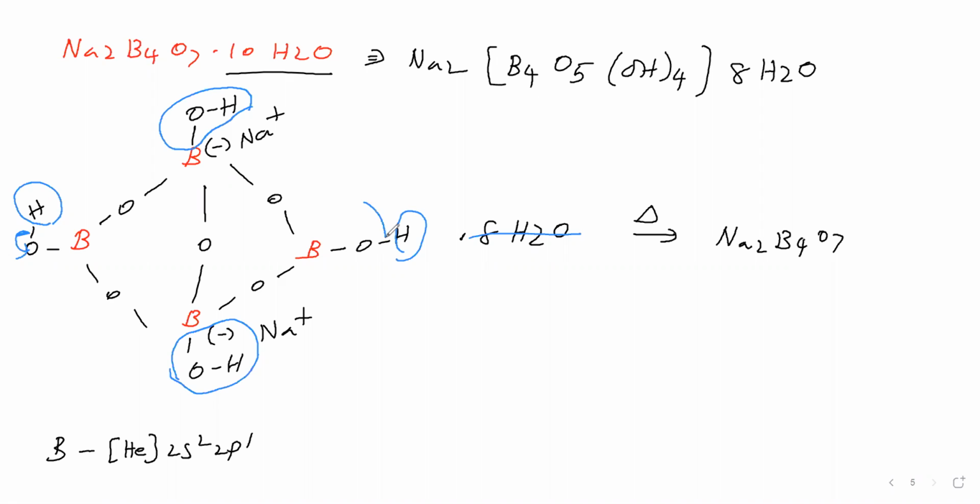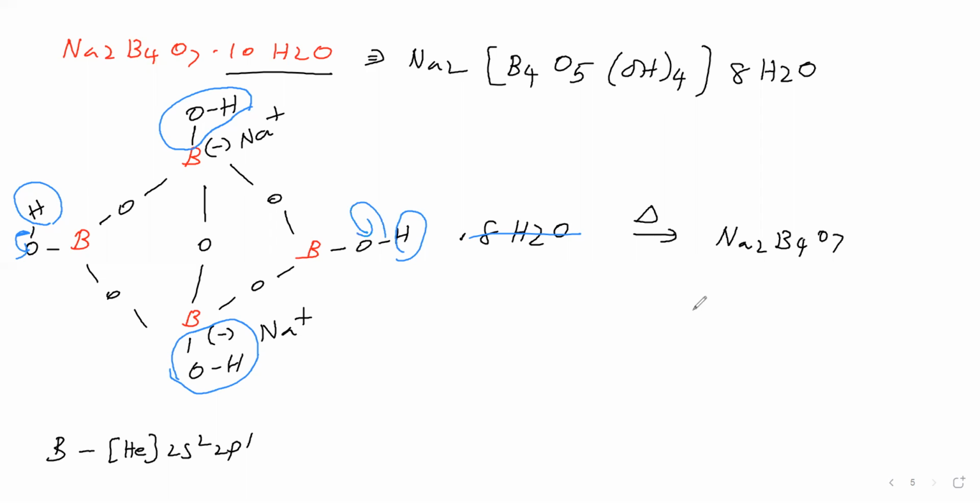This H plus and this OH minus become water. Similarly here, this OH minus and this H plus become water. Now how many water molecules are removed? Here 8, here 1, here 1. So totally 10 water molecules removed.